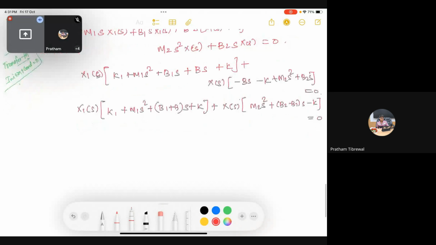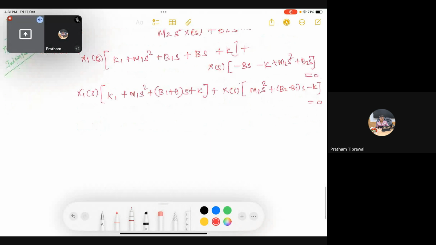Now I have this. So I'm going to keep x1 again alone here. I'm going to keep everything on the right hand side. It will give me... I think I'm missing out something.